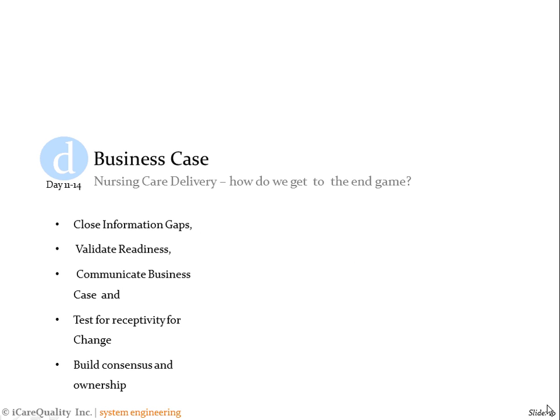Week 3, being on-site, is essentially the same thing. We identify the information gaps, we validate them, we close them, then we validate the organization's readiness, we communicate the business case, and we test for receptivity to change. And most importantly, during this week, we build consensus and ownership among the stakeholders who are going to be affected the most.